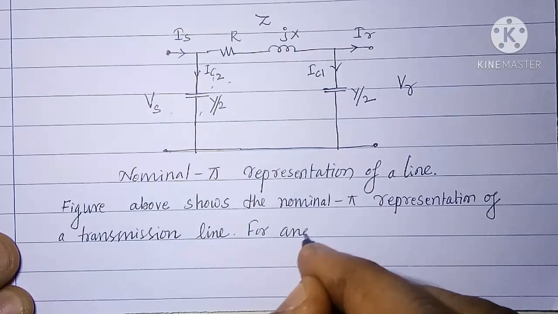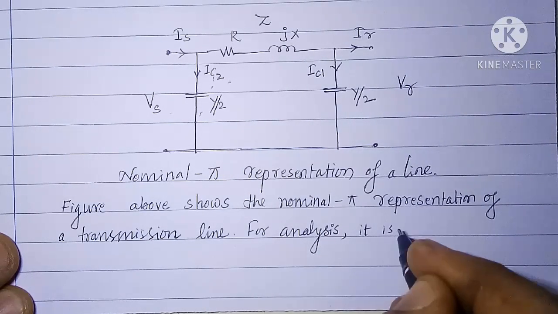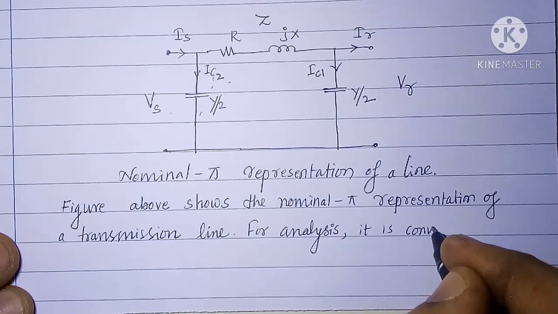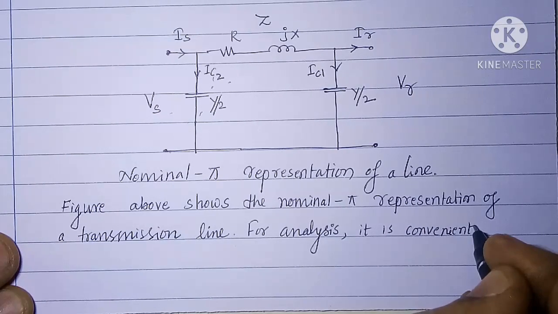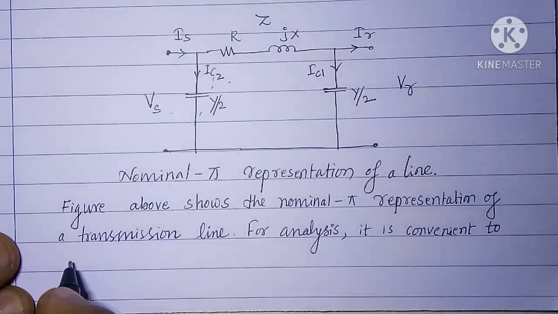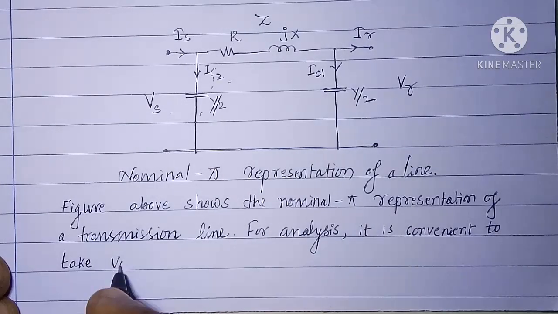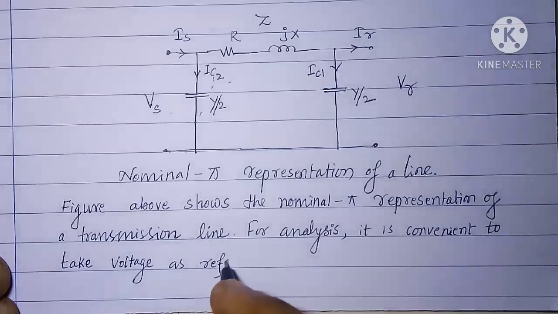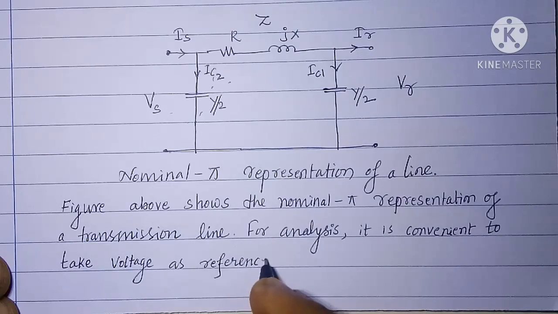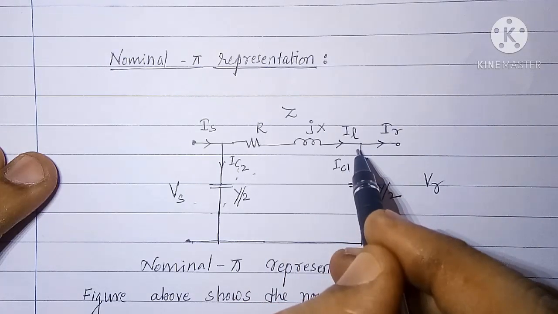For analysis, it is convenient to take voltage as reference. Let us mark the current through transmission line as IL.